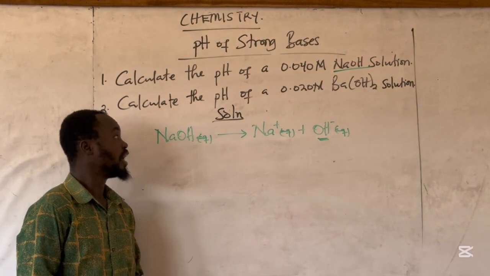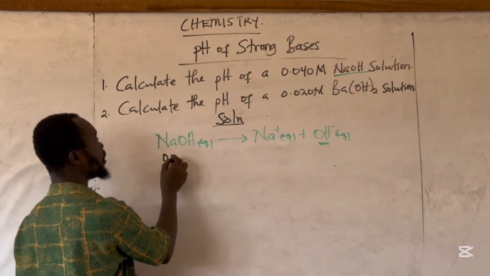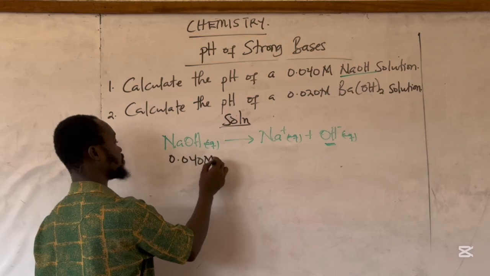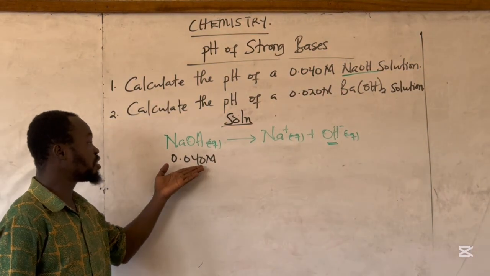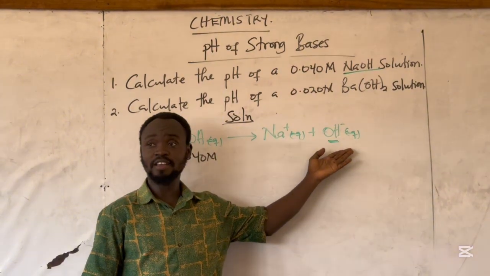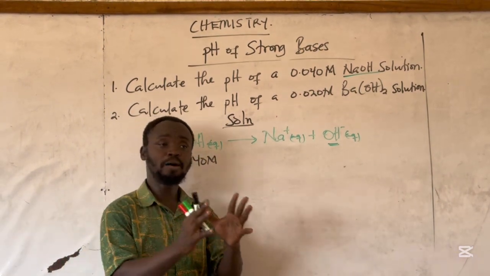Is that okay? Again, we are given a concentration of this base, and that is 0.040 molar. For monobasic solutions, their concentration is the same as that of the OH minus ions. Why? Because of the mole ratio application here.